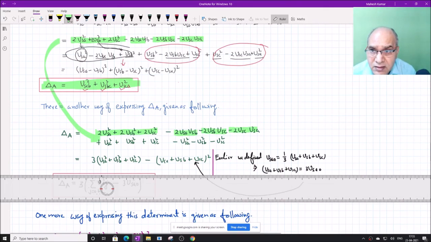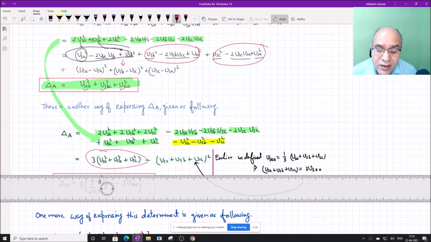We will add 1 VSA square, VSB square, VSC square, and we will subtract 1 VSA square, 1 VSB square, 1 VSC square. So this becomes 3 times VSA square plus VSB square plus VSC square, and this becomes the square of VSA plus VSB plus VSC.